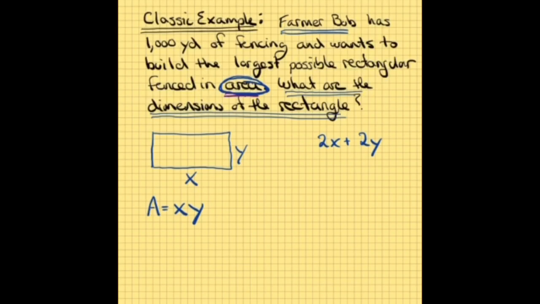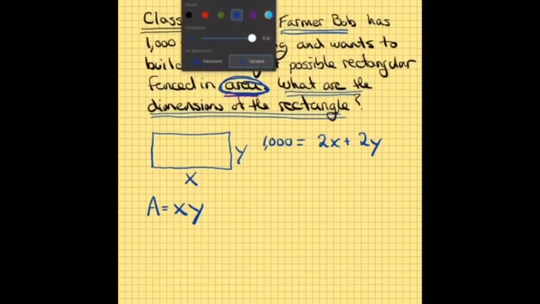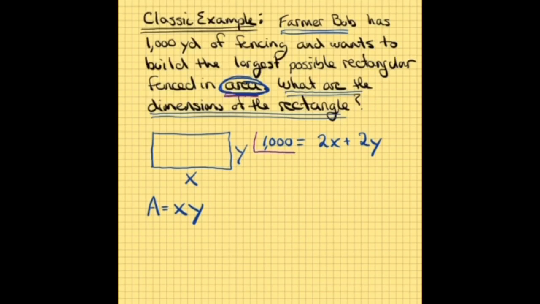And what does that mean? Well, that's my P, the perimeter, but it has to be equal to 1,000 yards. I'm going to switch colors here. This is the constraint equation for this particular problem.